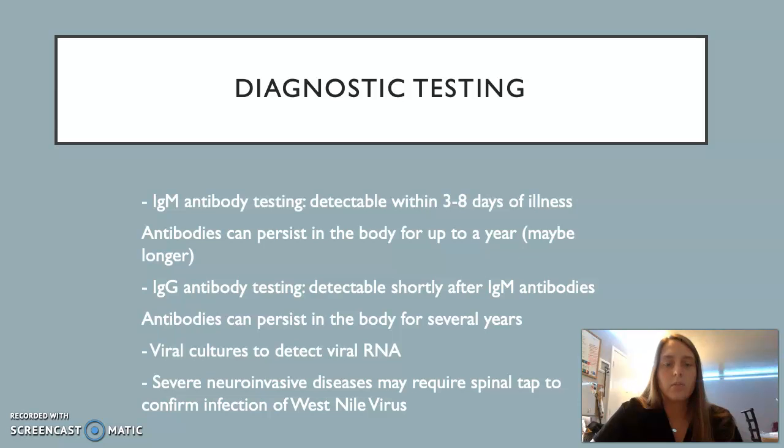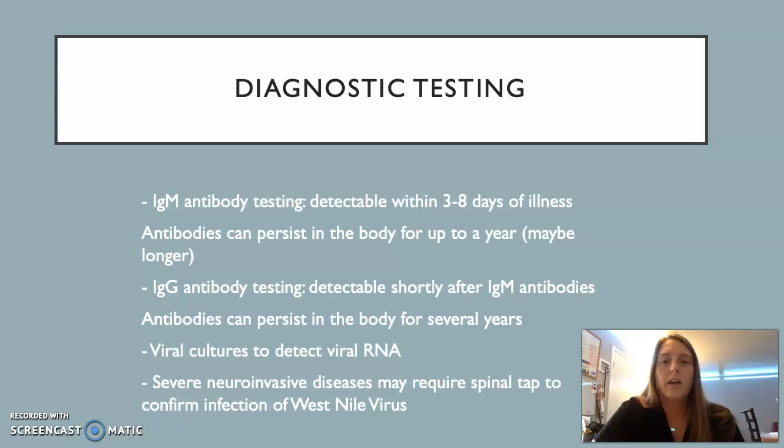One of the more prevalent things they look for is your IgM antibody count. That's detectable within 3 to 8 days of illness, but the antibodies can persist in your body for up to a year, and it has been theorized that they could last longer.